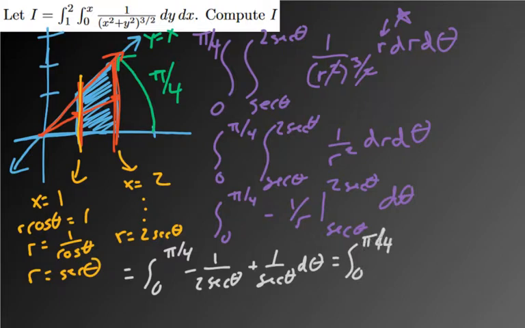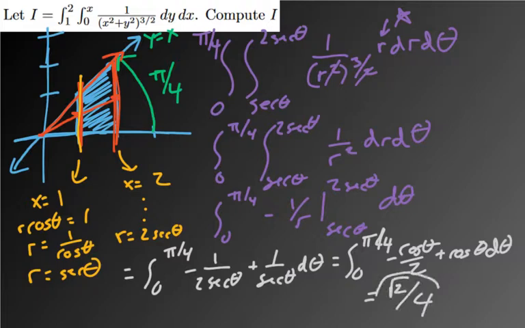So you've got minus cosine theta over 2 plus cosine theta d theta. And then those are really nice integrals. I'm just going to let you finish that part right there. But you should get root 2 over 4 once you plug everything in.